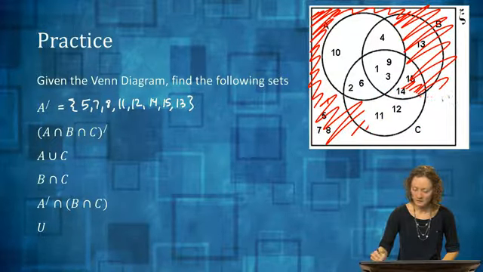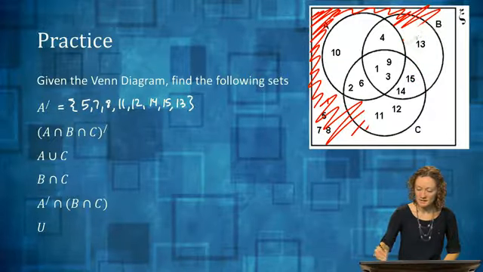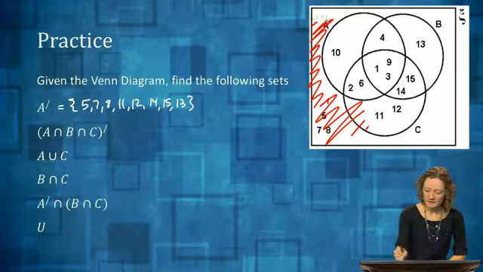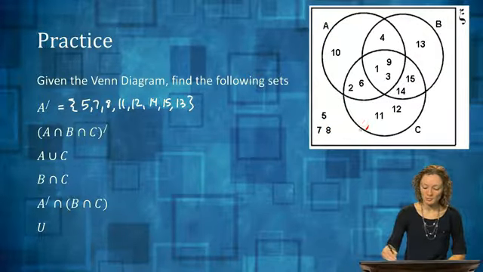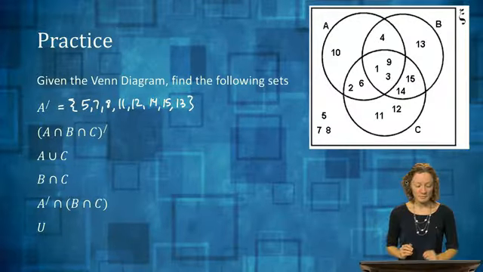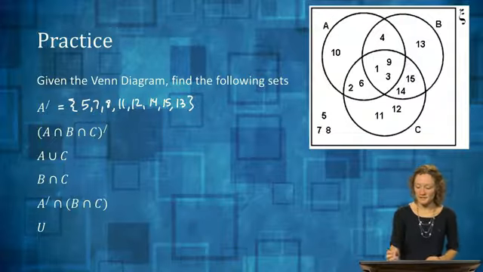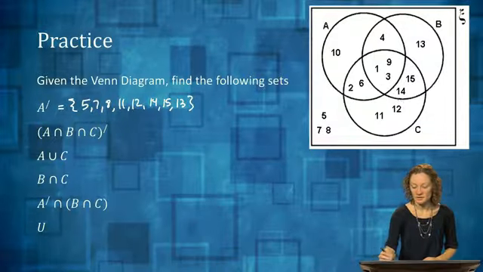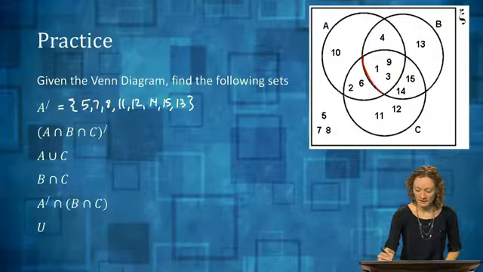All right, the next one is A intersect B intersect C complement. It's a bit of a tricky one. So let's first think about what's inside the parentheses, and then we'll know, okay, we need the complement of that, the opposite of that. So we have A intersect B intersect C. Here are the 3 circles. If we're looking for the intersection of all 3, then we want what's inside of this region right here, right?